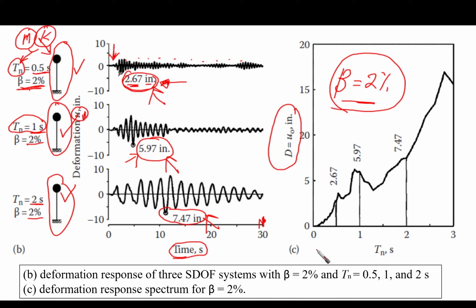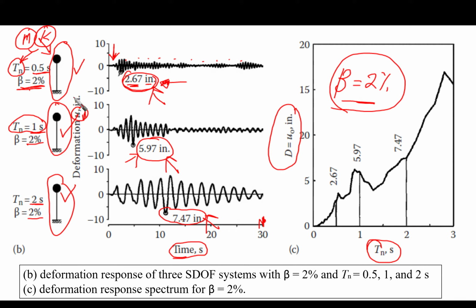And we are going to plot on the horizontal axis the natural period. Take care, it is natural period, not T. T is the elapsed time for the record itself, the time history itself. But Tn means the natural period of the single degree of freedom systems that we are going to utilize.